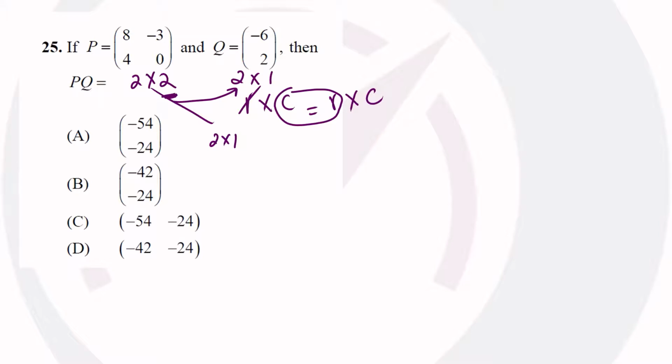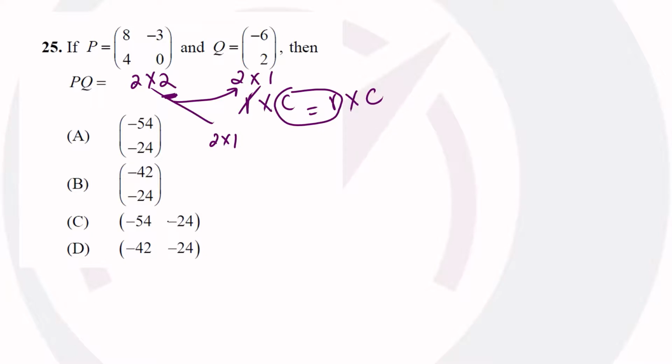So the first thing we're going to do is check our compatibility. The number of columns in the first matrix must be equal to the number of rows in the second matrix. The other two numbers, the 2 here and the 1 here, tell us our final answer is going to be a 2 by 1 matrix. 2 by 1 means 2 rows and 1 column.